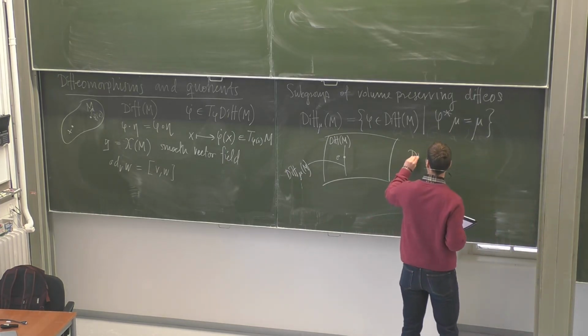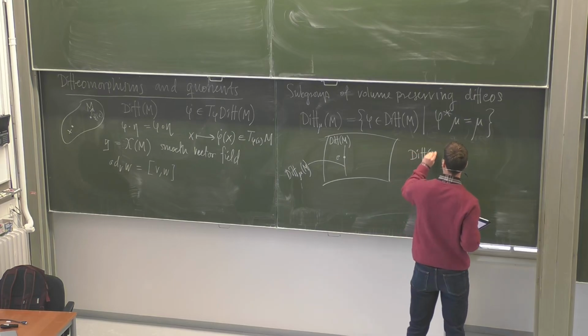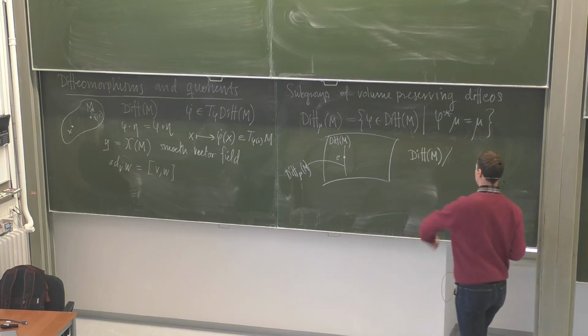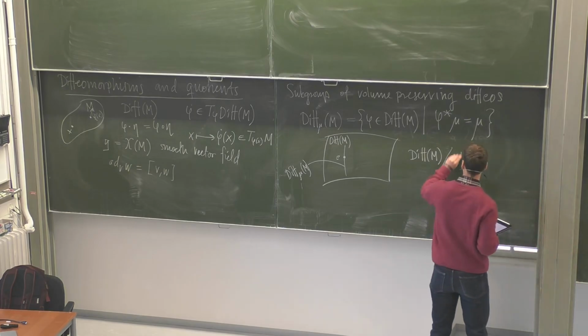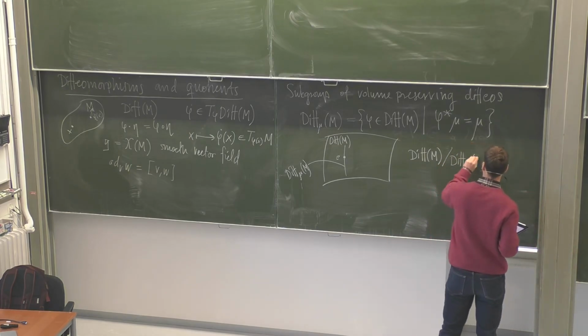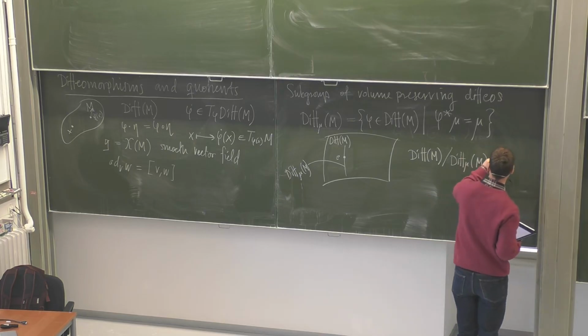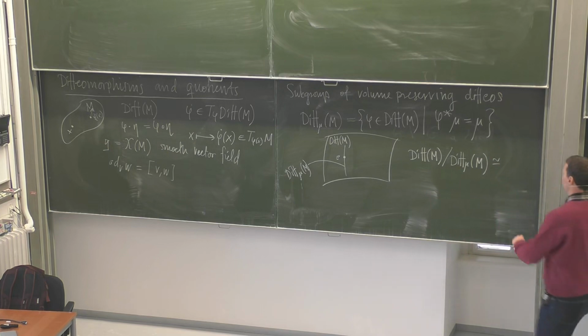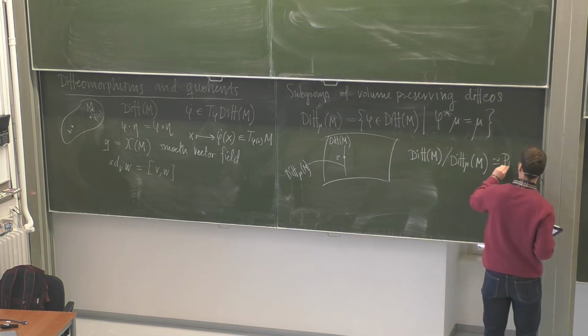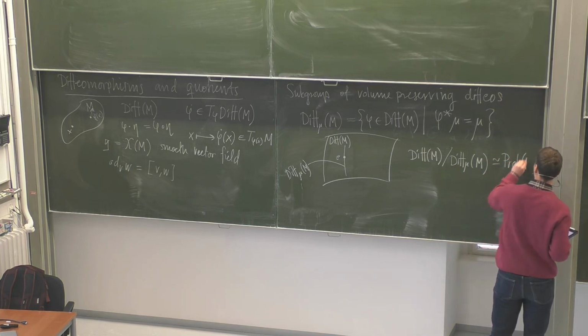So we're interested in Diff(M) quotient by Diff_mu(M). This should be equivalent to something. What is it? It turns out that this is exactly the space of smooth probability densities.